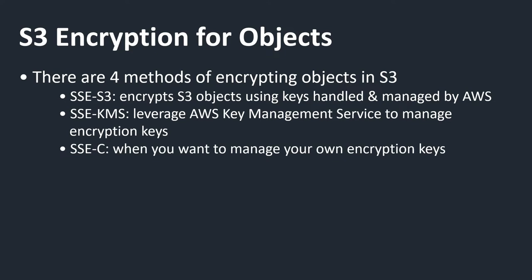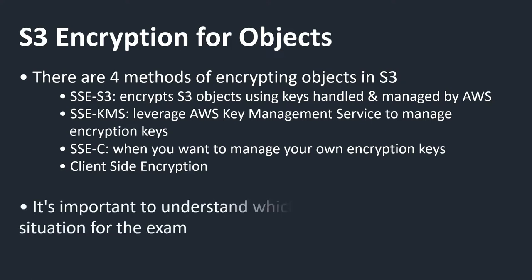And finally, client-side encryption. Now we are going to do a deep dive on all of those, so don't worry. And it is important to understand which ones are adapted to which situation for the exam, because the exam will definitely ask you questions to choose the right level of encryption based on the scenario.